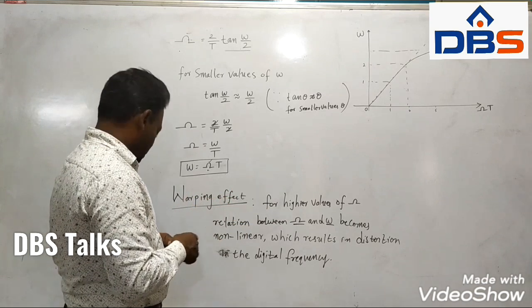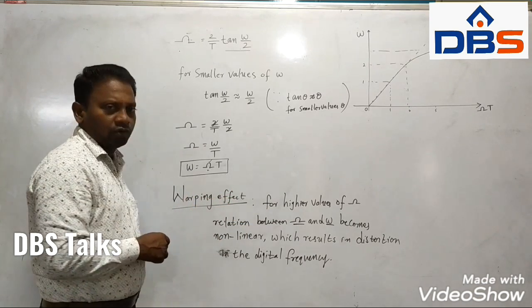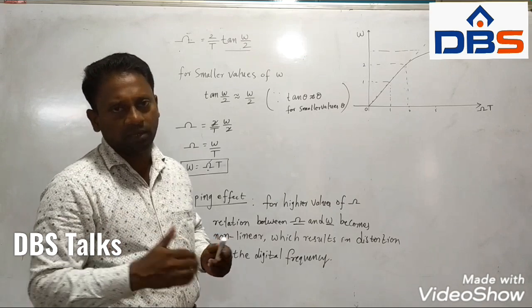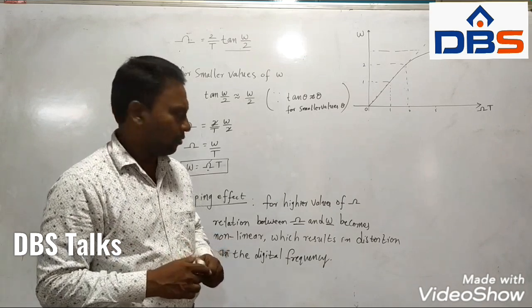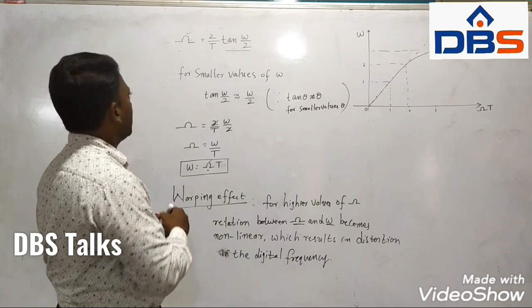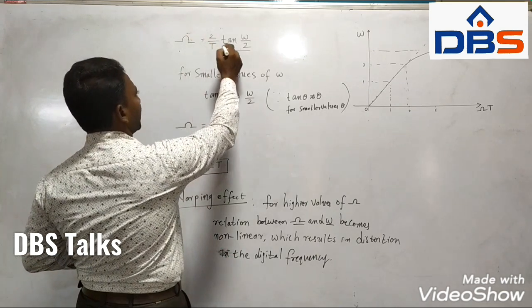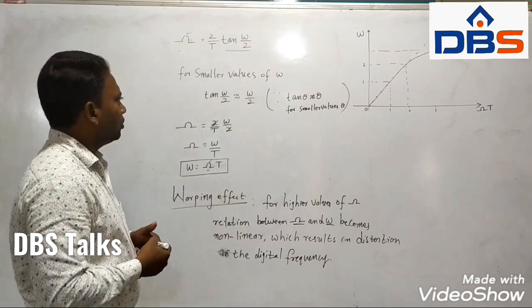So to avoid this, what we have to do is pre-warp the analog filter. Are you clear on all of it? So omega analog is equal to 2 by T tan omega by 2.